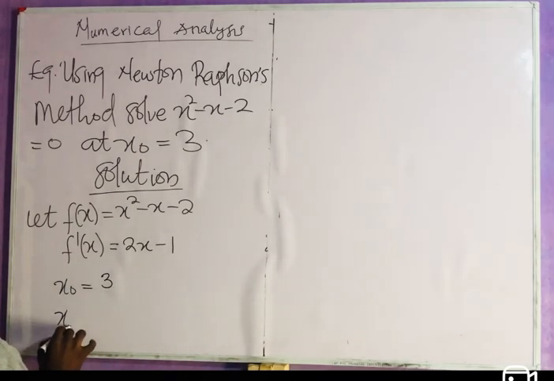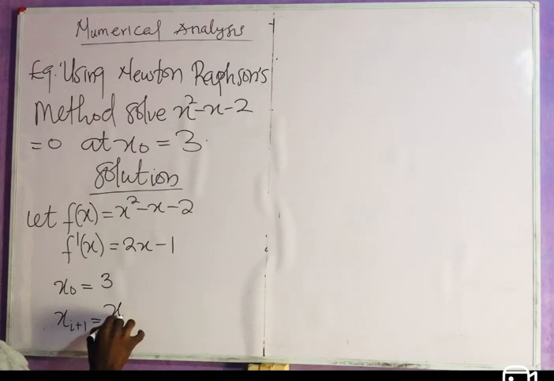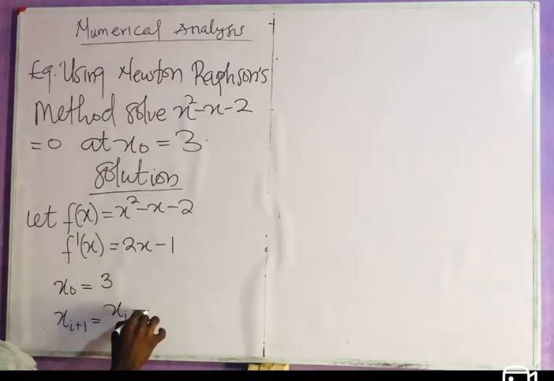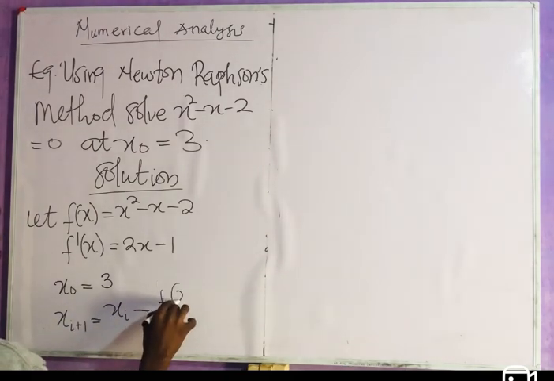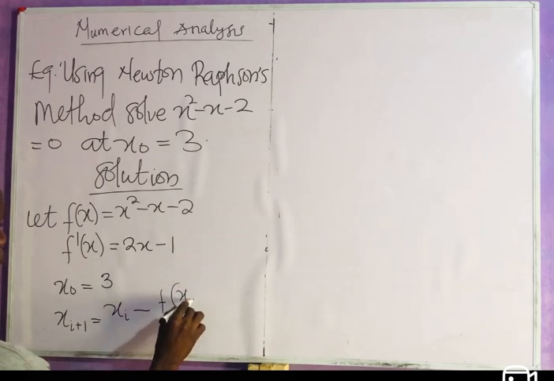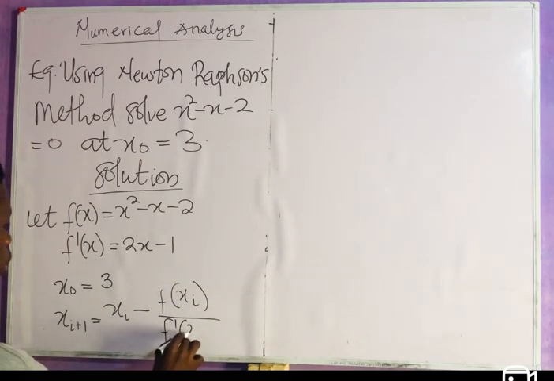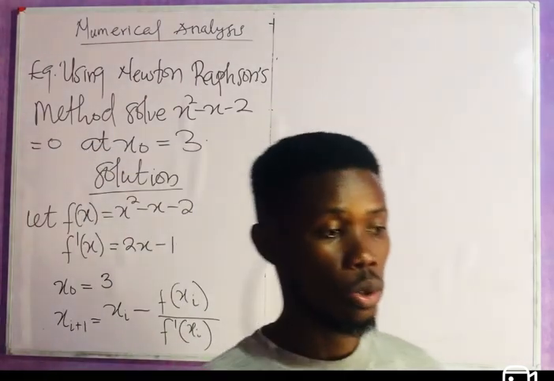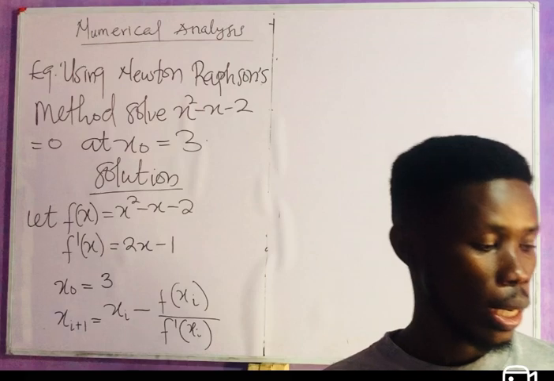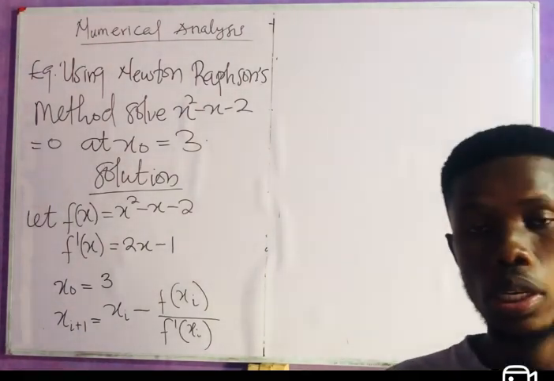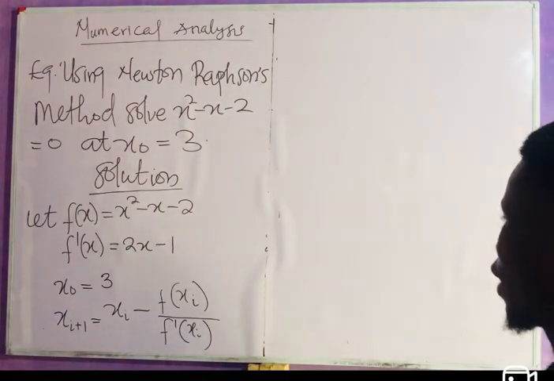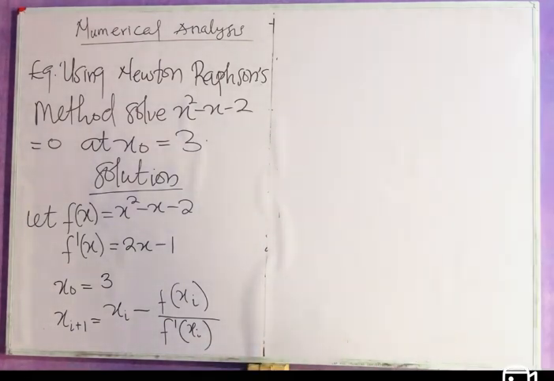And we have our formula: x(i+1) equals xi minus f of xi all divided by f prime of xi. Once the number of iterations is not given, I've already said that it means that the thing is to converge. So now let's look at it.